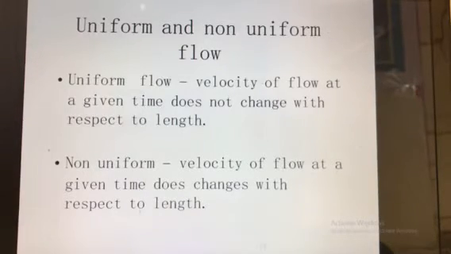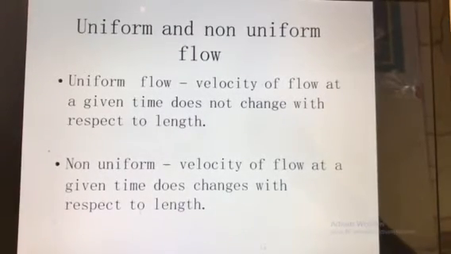In uniform flow, the velocity does not change with respect to length, and in non-uniform flow it will change with respect to length.